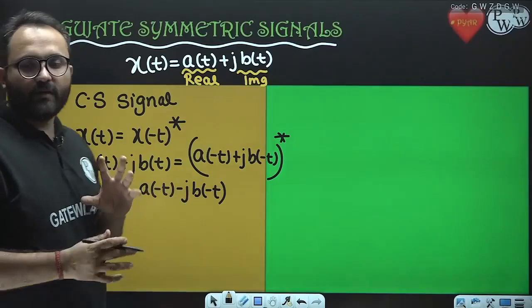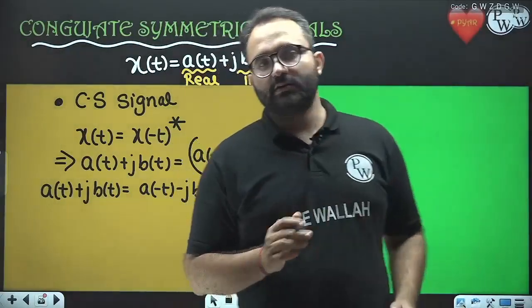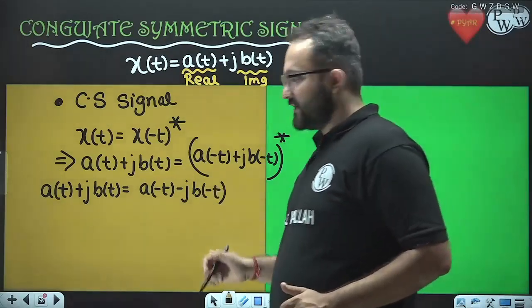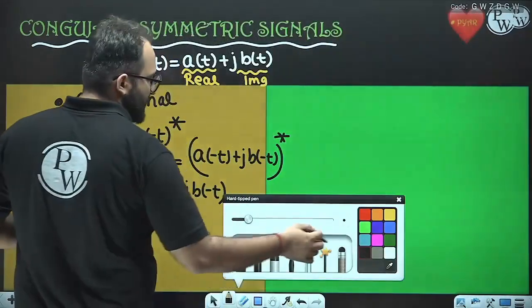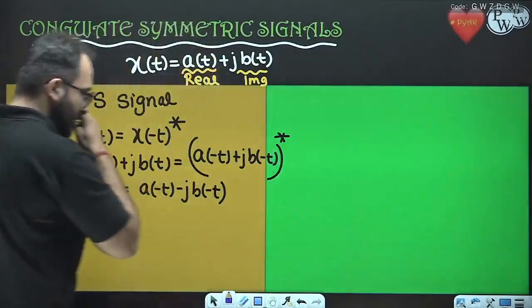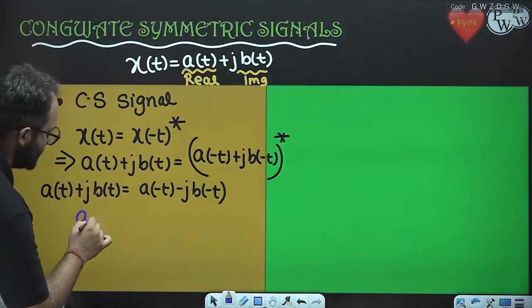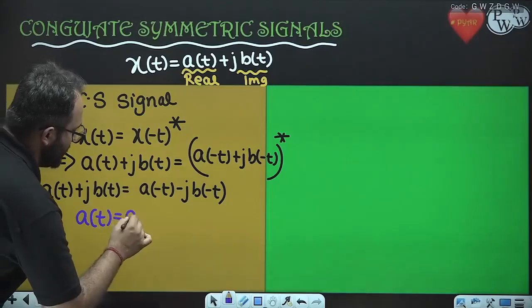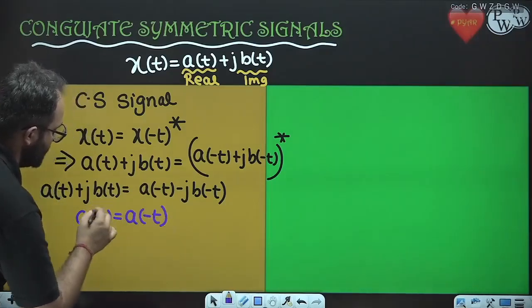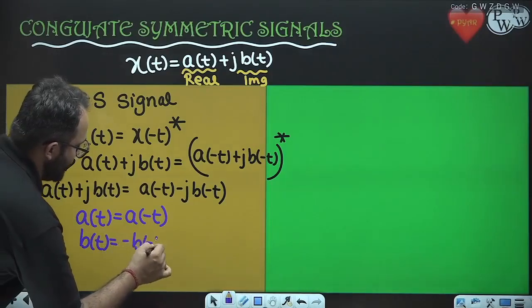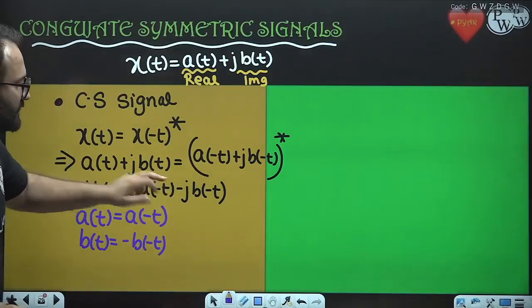Now we equate the real and imaginary parts of the RHS and LHS. So a(t) equals a(-t), and b(t) equals minus b(-t), because here we have a minus sign with the imaginary part.